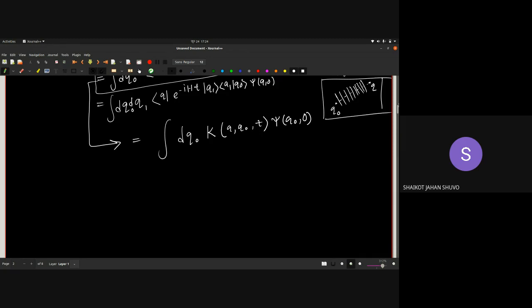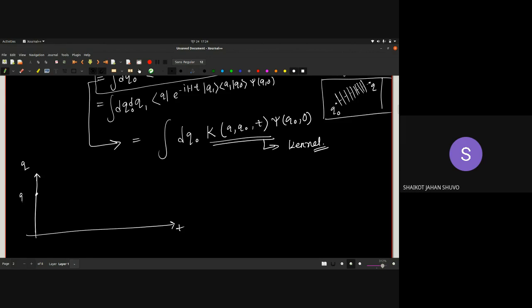Okay, so this k is called a kernel, and what we can do right now is draw something. In the x-axis, let's say we are plotting our time. On the y-axis, we are plotting our positions, and our goal is to go from this q0 to some place called q, like this.